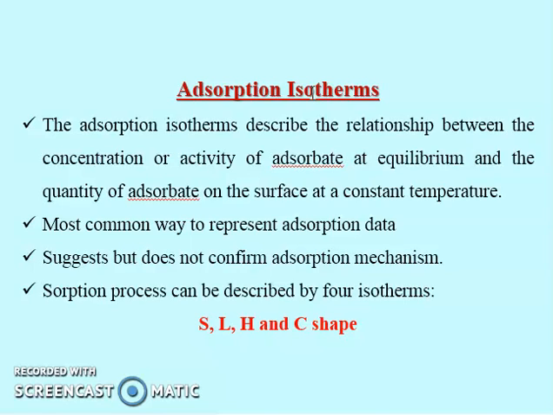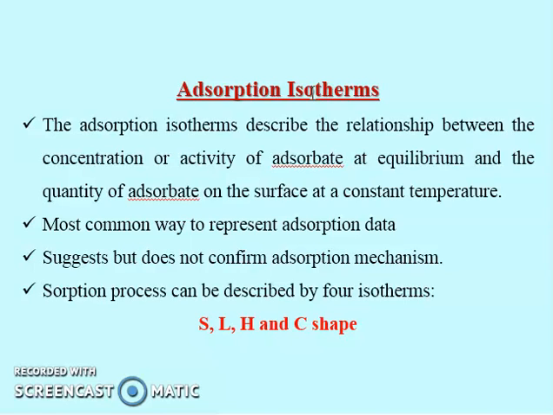Because it's at constant temperature. We do not change the temperature, so this is called isotherm. The adsorption isotherm describes the relationship between the concentration or activity of adsorbate at equilibrium and the quantity of adsorbate on the surface at constant temperature.